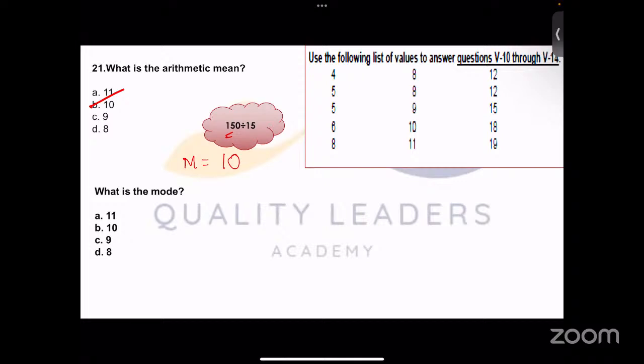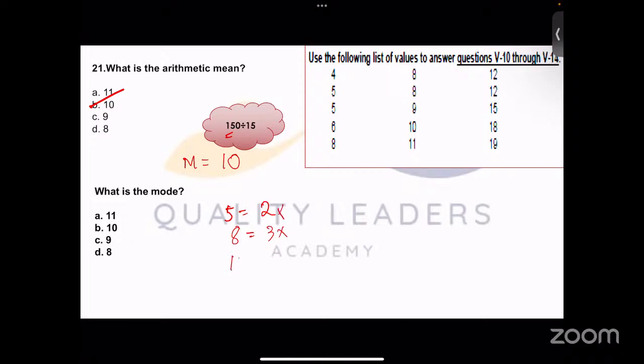Okay, what is the mode here? Letter A, 11, B, 10, C, 9, D, 8. Okay, mode is the most frequently occurring value. So which number appears the most times? Okay, when we count 5, how many times does it appear? It appears 2 times. What about number 8? Okay, 1, 2, 3. 3 times.